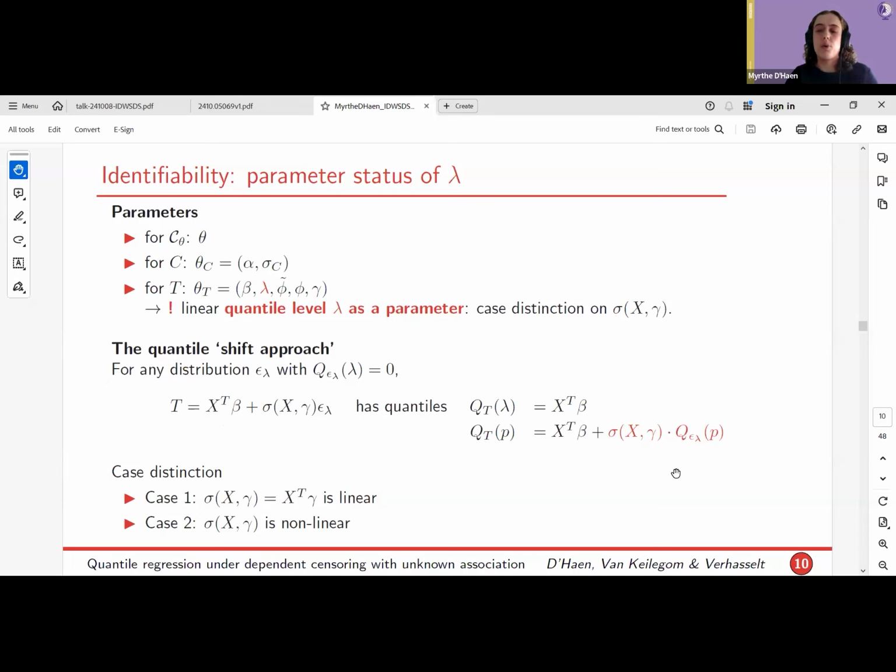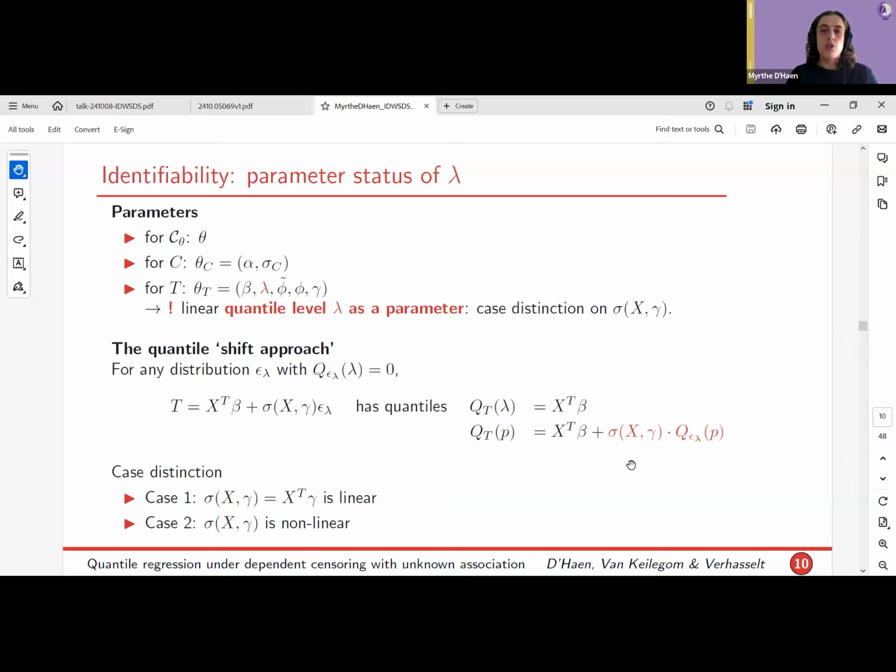And this shift is a variance term times the p quantile of this distribution. So now you can see that if the sigma is linear, then by rearranging, all these quantile curves will be linear. Whereas on the other hand, if sigma is nonlinear, then there will only be precisely one linear quantile curve corresponding to this level lambda.